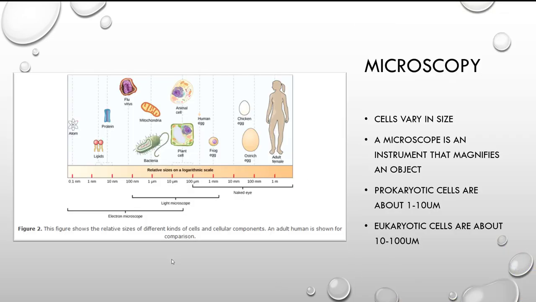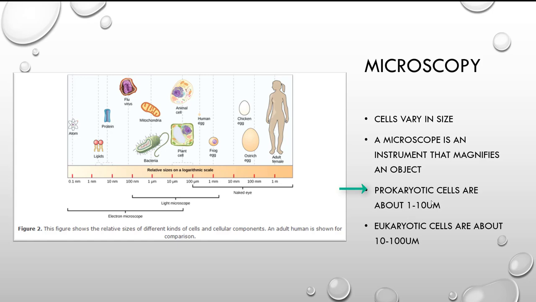Of course, cells vary in size. When we look at a cell, most likely we're going to need a microscope to see it. This figure gives us an idea of the general range of different cells and parts of cells. I've included some general ranges here.